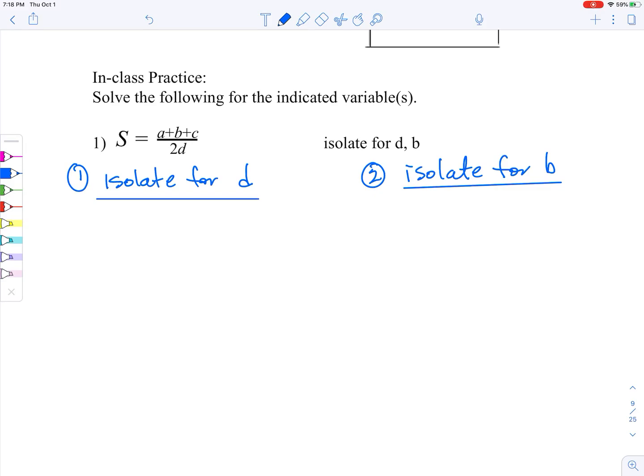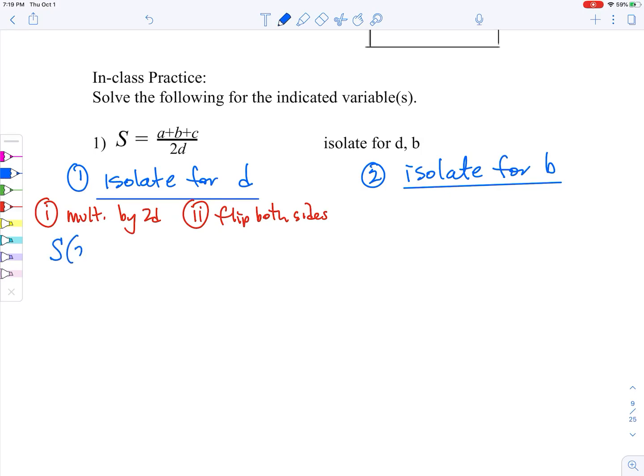I'm going to show both ways, Roman numeral I and then II. The first is multiply by 2D, and the second is flip both sides.